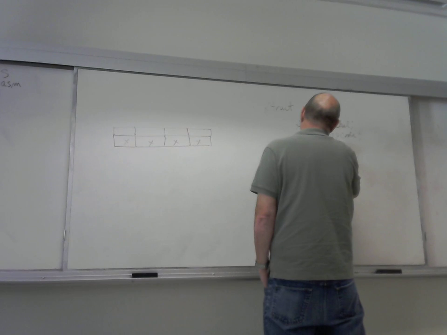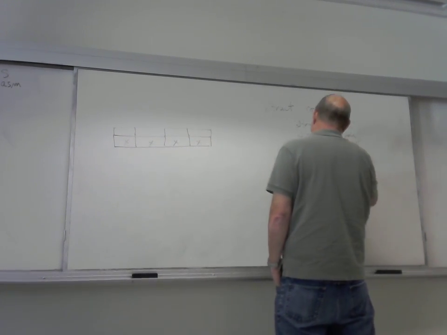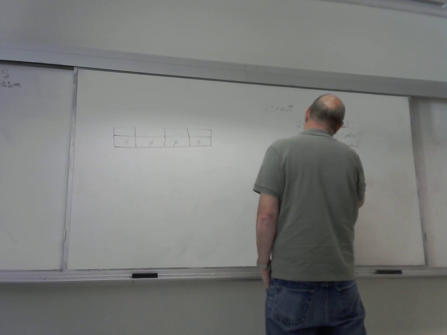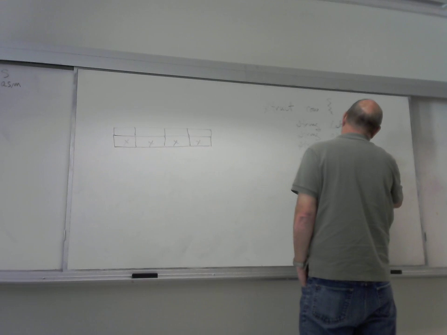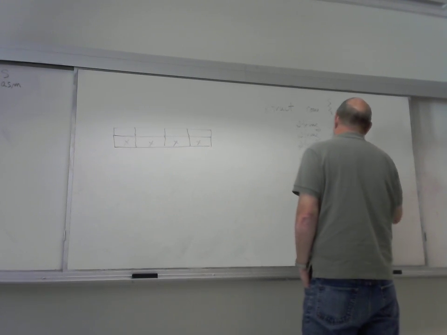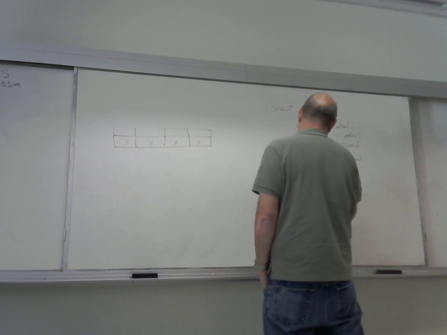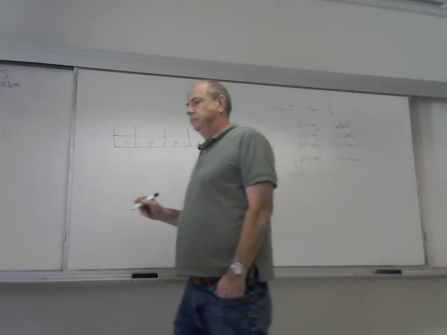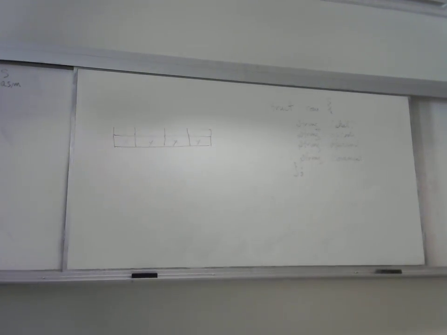String operand. String comment. So now your vector is a vector of rows.